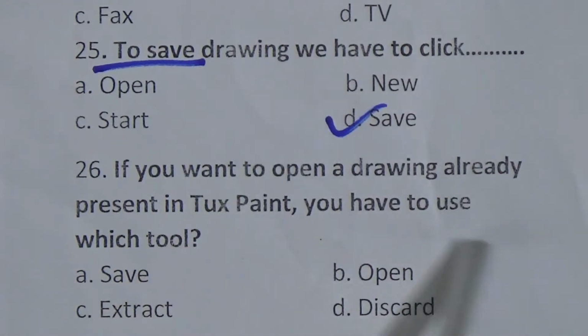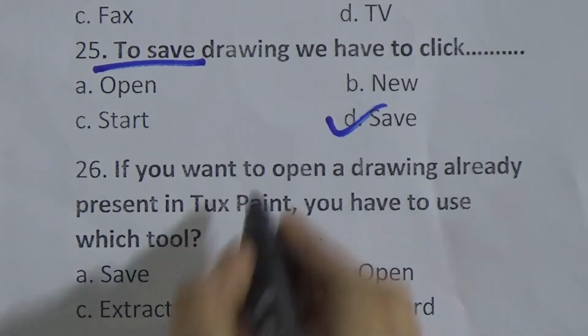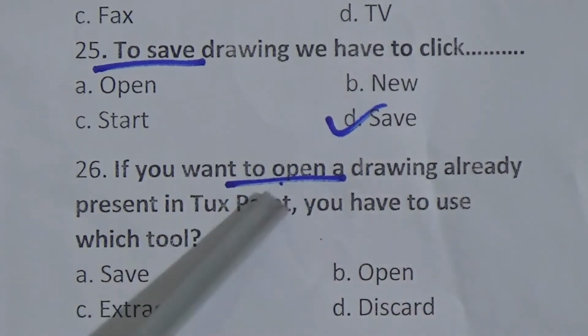If you want to open a drawing already present in Tux Paint, you have to use which tool? So if you want to open, that is our keyword, open. There are four options given below: save, open, extract and discard. So open.